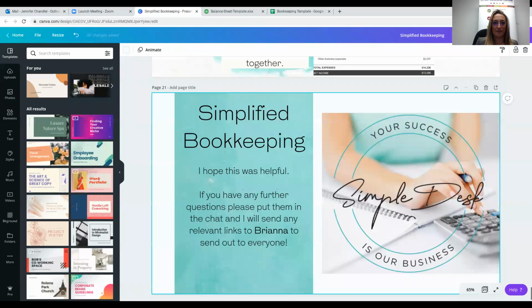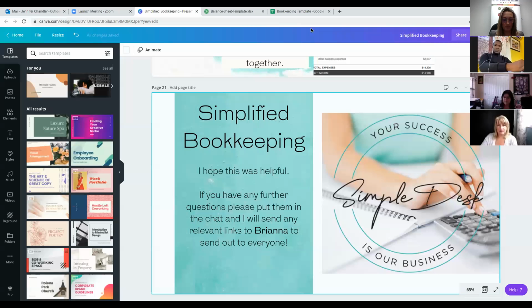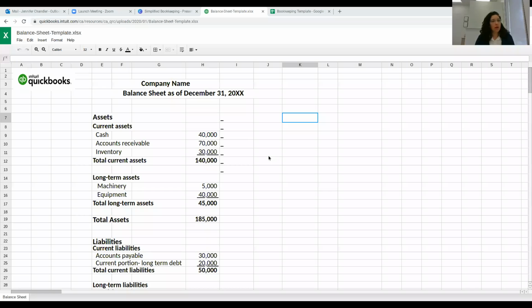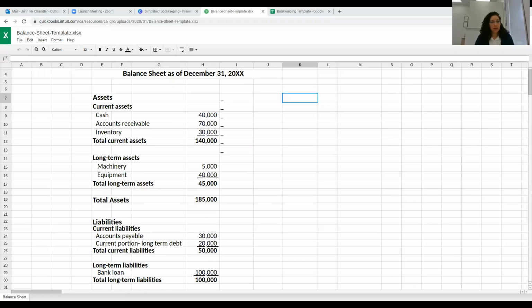Okay, and I'm just going to screen share that balance statement that I have. So this is a sample of the QuickBooks balance sheet. They have a template for you. So it's a little in depth.